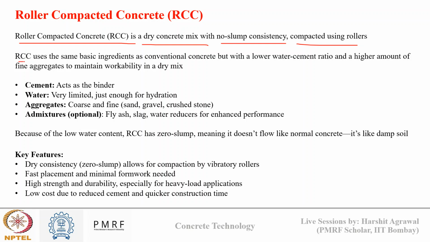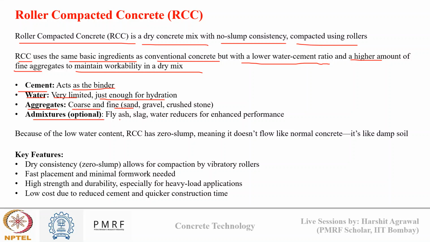This concrete uses the same ingredients that are used in conventional concrete, but with a very low W by C ratio and a very high amount of fine aggregate to maintain workability in a dry mix. We have cement which acts as a binder, and water which is very limited, just enough for hydration, so that there is no slump. Aggregates are again coarse and fine aggregates.